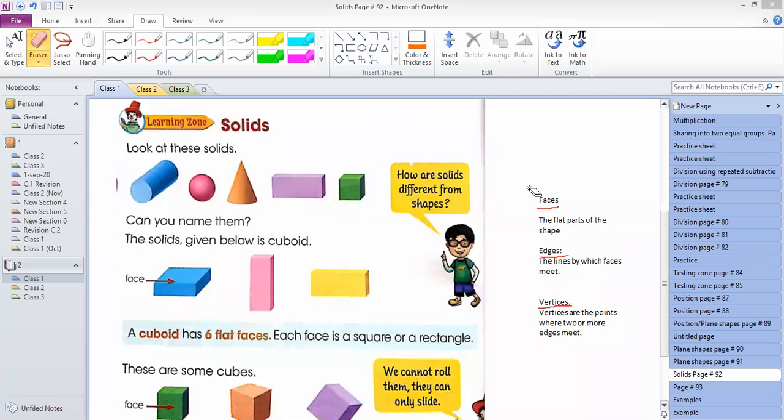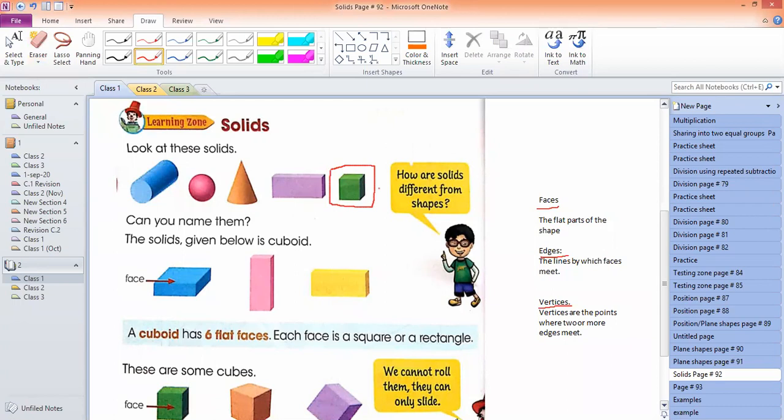So you know about the solids, you know about the faces, you know about the edges, and you know about the vertices. So let's discuss the properties of the solids which you have already studied. If you look at this shape, you can easily identify that this is a cube.